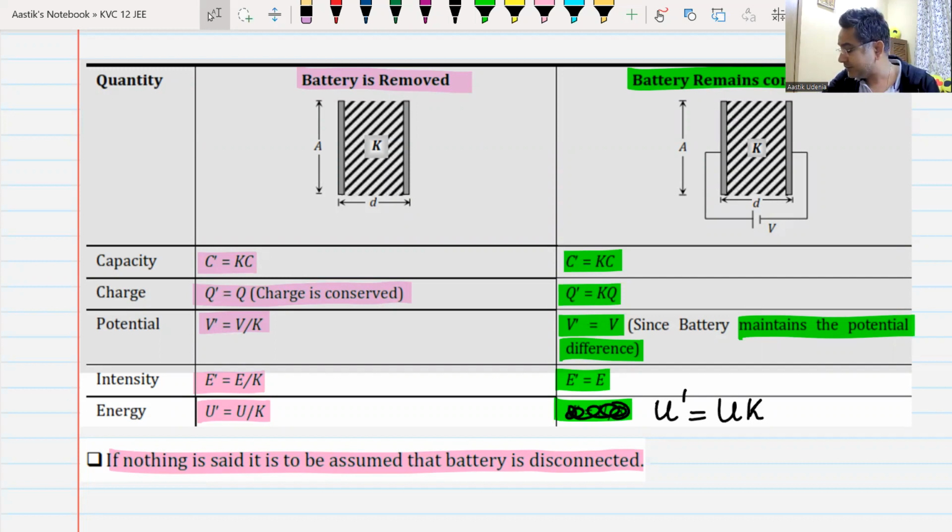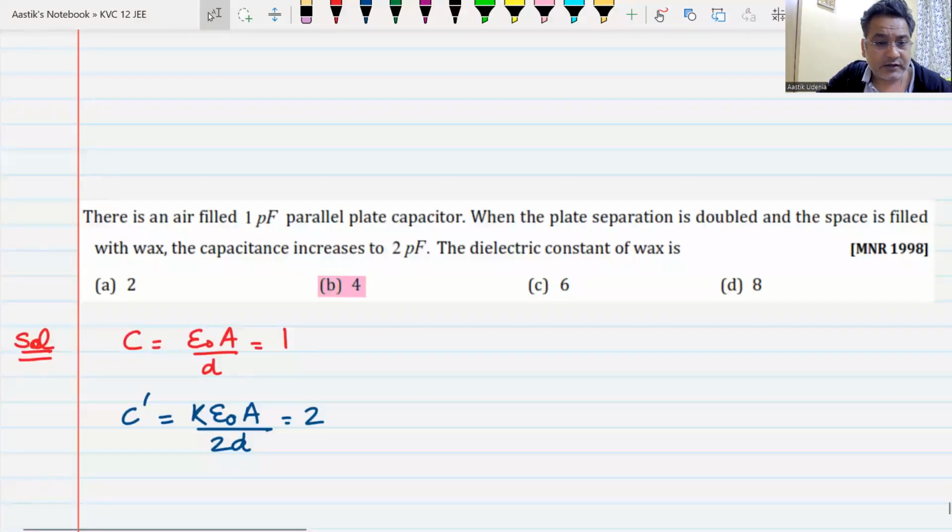And we had seen a couple of examples as well of the battery remaining connected and of the battery remaining intact. Do we remember this? Everyone remembers this. Now let me give you a question based on this so that it refreshes our memory.